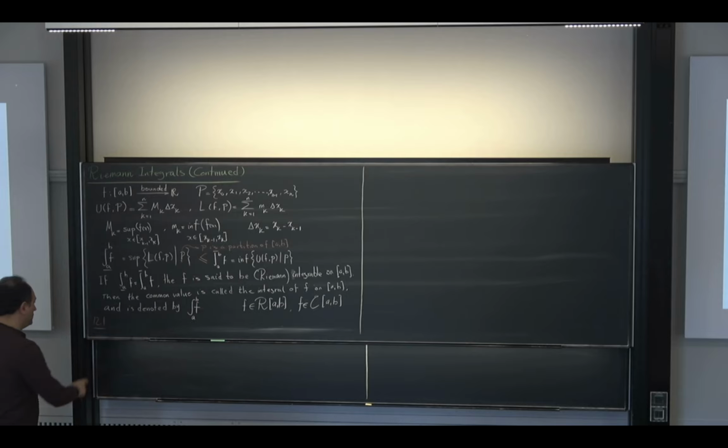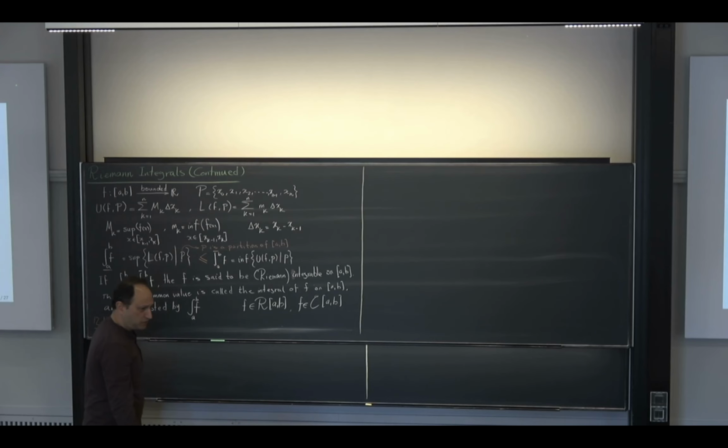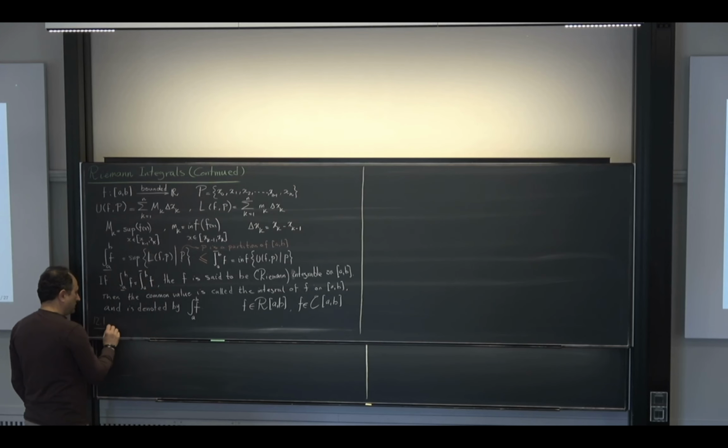Okay, so let me use these symbols to state this theorem. Whenever I talk about Riemann integrability, I always assume that f is bounded, because the whole theory is based on bounded functions. So I would say that f belongs to this set.